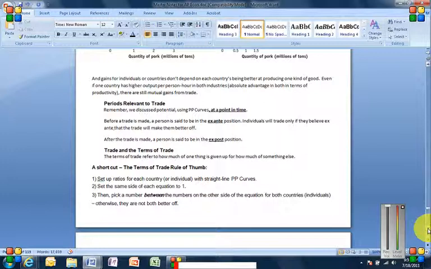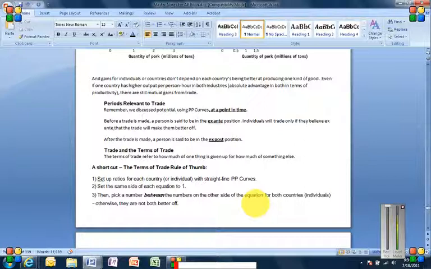Step one is you set up ratios for each country or individual, if you had two people that you were going to do the same kind of calculation for, and those people or countries need to have straight line PP curves. Once you have the ratios set up for each country, then you set the same side of each equation to 1, and finally pick a number between the numbers on the other side of the equation for both countries, and if that number is in between the other two numbers, they're both going to be better off.